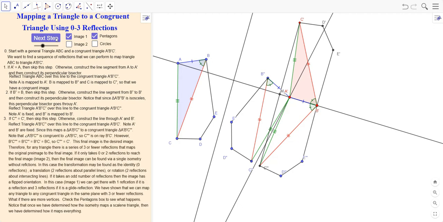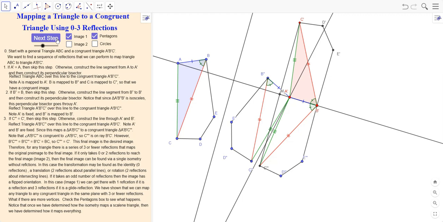So as it turns out, it doesn't really matter. You can always take any congruent figure and map it to any other congruent figure with three or fewer reflections, not just triangles, but any of them.